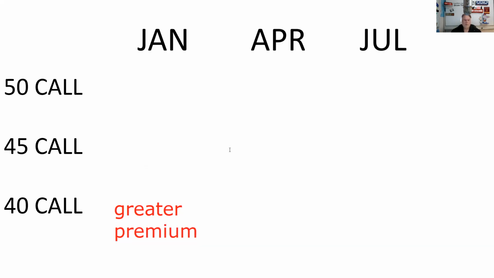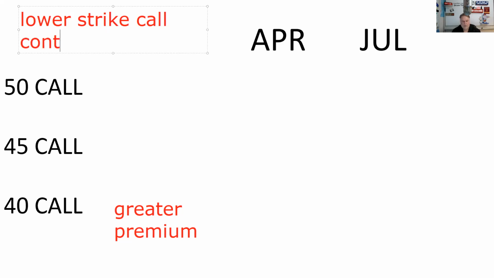So what we really want to be able to know here is that lower strike call contracts always have greater premiums. Now, I just illustrated why, but who cares about the why?